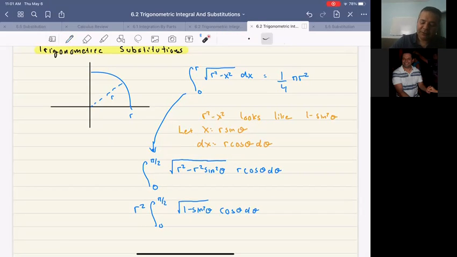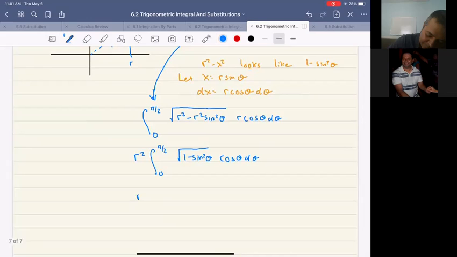Now, since theta is from 0 to pi over 2, this thing is actually always positive. Sine of theta is between 0 and 1. So that means I can replace this and I get cosine squared of theta d theta.